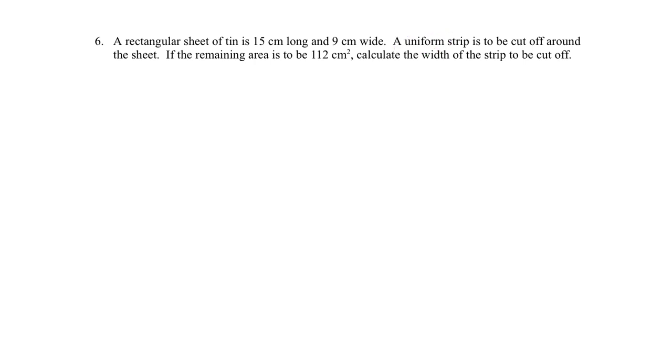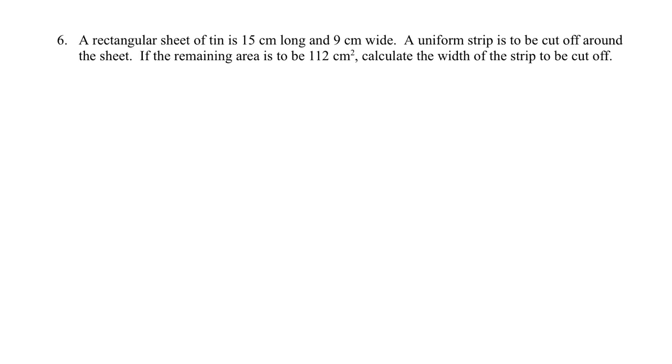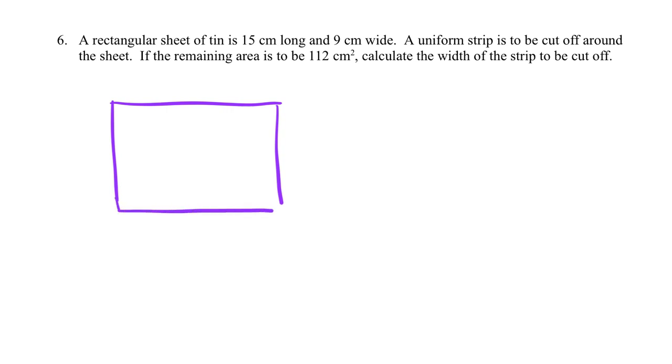Okay, what I want to do is talk about the context of this problem. So I'm going to end up drawing a picture. So it says that it's a rectangular sheet. So if I draw a rectangle, there we go. The sheet is 15 centimeters by 9 centimeters. Now, it says a uniform strip.